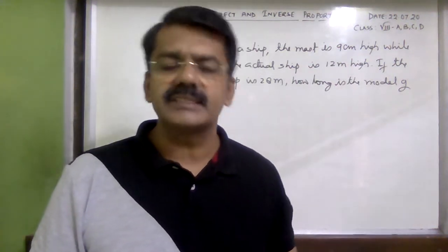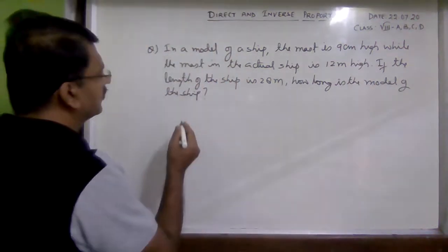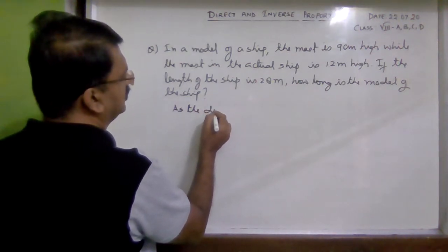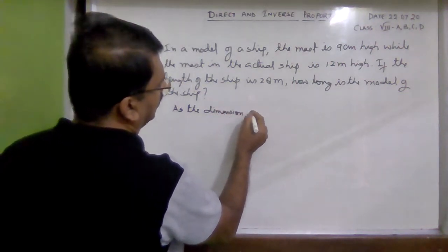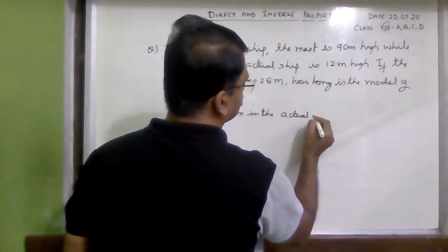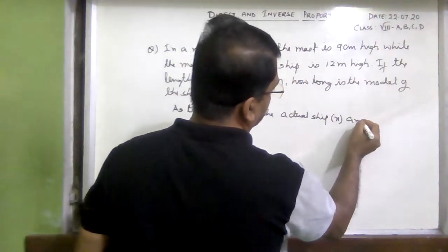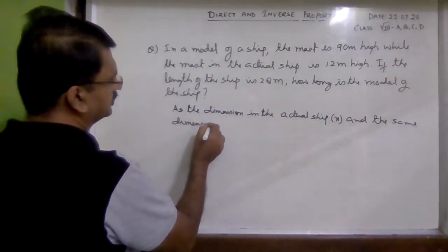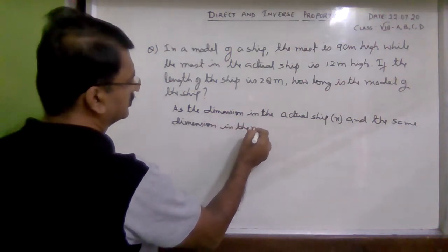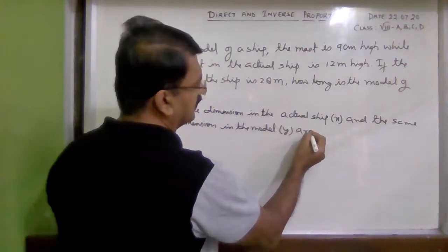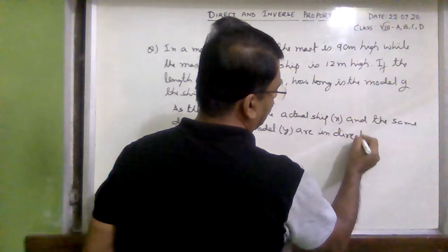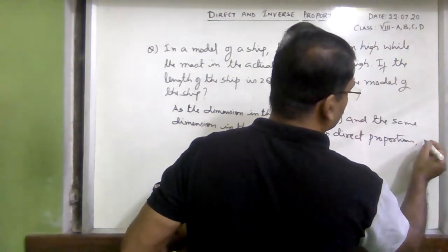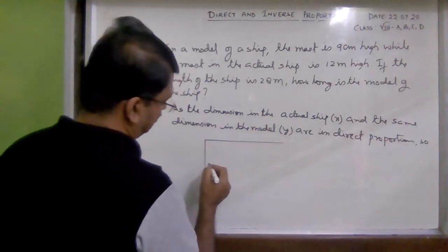When the first decreases, then the other also decreases. So the dimension in the actual ship and the same dimension in the model are in direct proportion, so now we'll make the table.